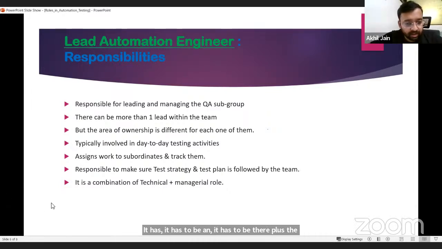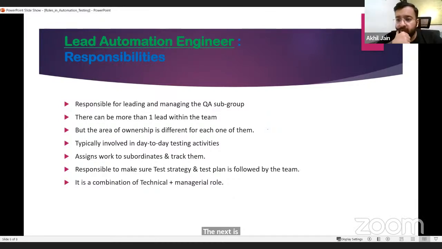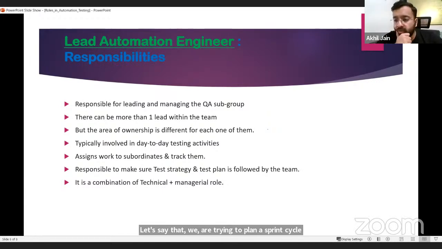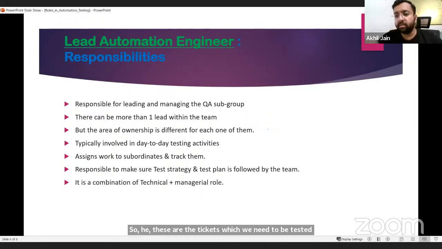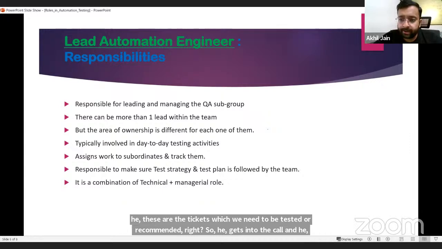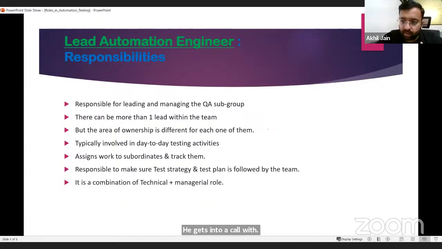The next is that he is someone who assigns the work. Let's say we are trying to plan a sprint cycle, and we know these are the tickets which need to be tested or automated. He gets on a call with his team members, and they discuss things.